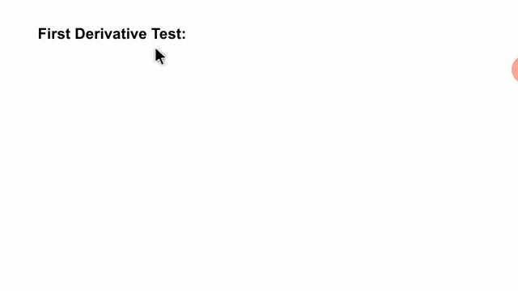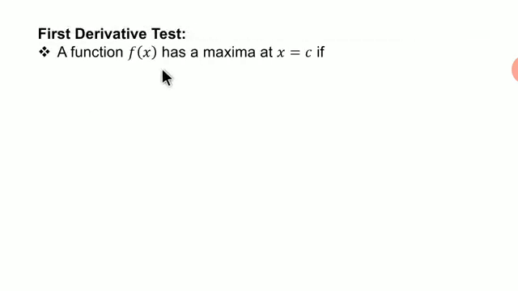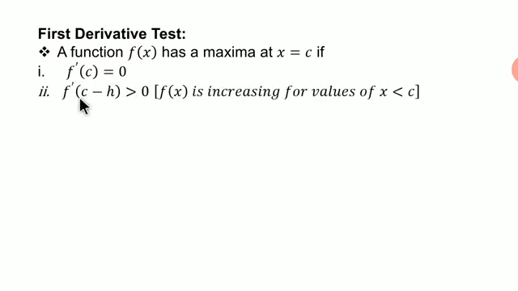This test is used to see the function is increasing or decreasing. Now see what is the first derivative test. A function f of x has a maxima at x is equal to c if it satisfies following three conditions. First one is f dash of c is equal to 0. Second one is f dash of c minus h is greater than 0.